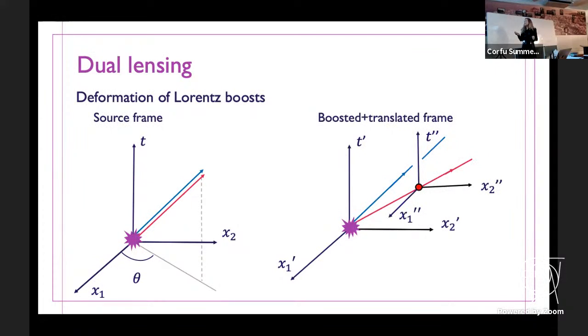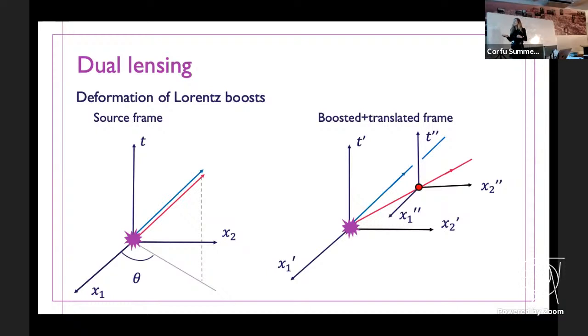That if we have an observer that receives the soft photon, whose reference frame is boosted and translated in order for the soft photon to cross its space-time origin, so essentially this is special relativistic, we are saying that the detector is along the future light cone of our soft photon, then the hard photon, since it propagates in a different direction, will not even cross the spatial origin of our detector, and so there is nothing to measure.